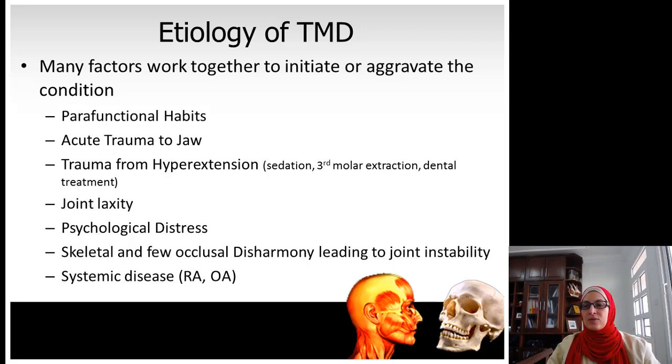Sometimes there is an inflammatory condition, and as a joint, the TM joint would be affected like any other joint of the body. Usually patients would have osteoarthritis of the knees and the hands, and they might have it in the TM joint as well. Or if the patient has rheumatoid arthritis, he might have it in the joint.